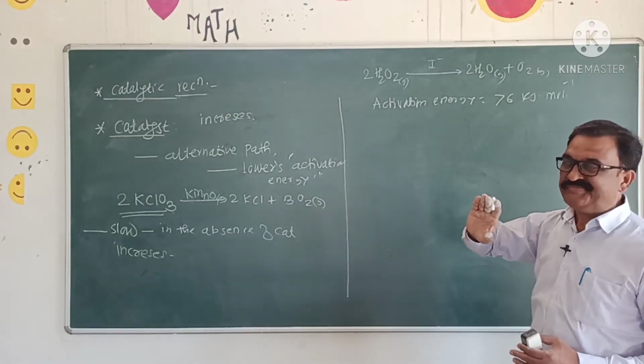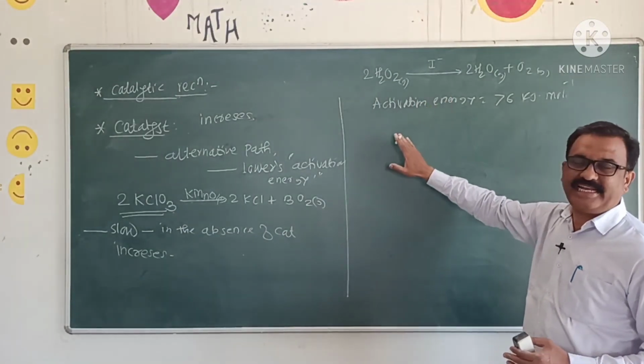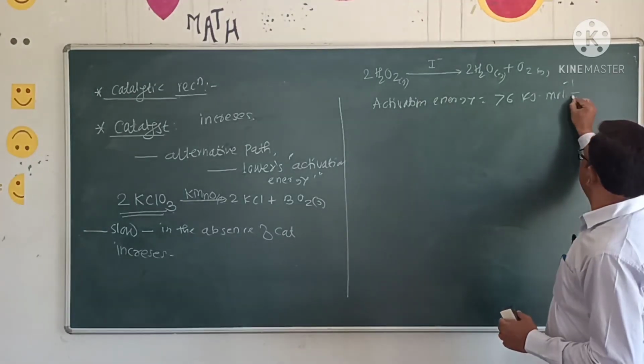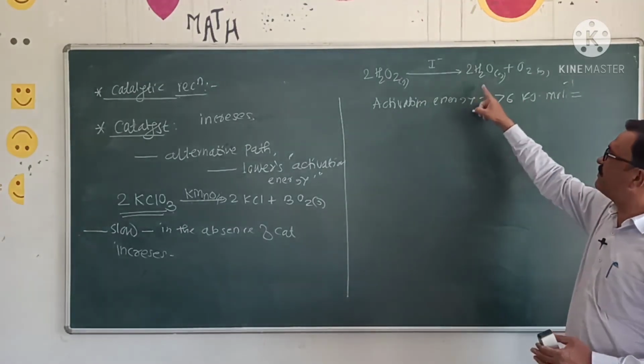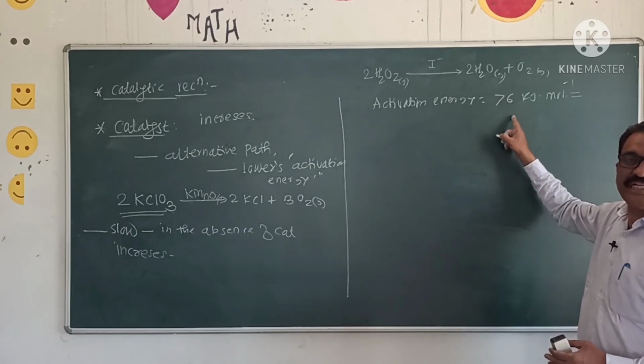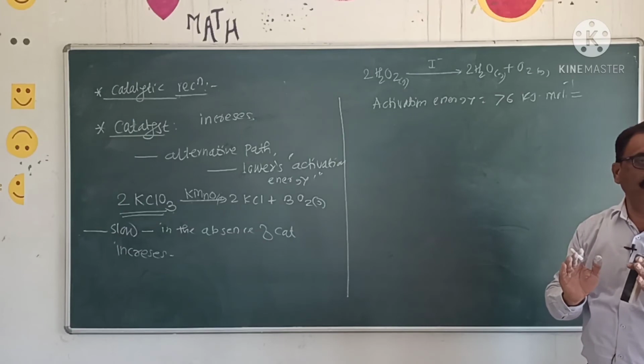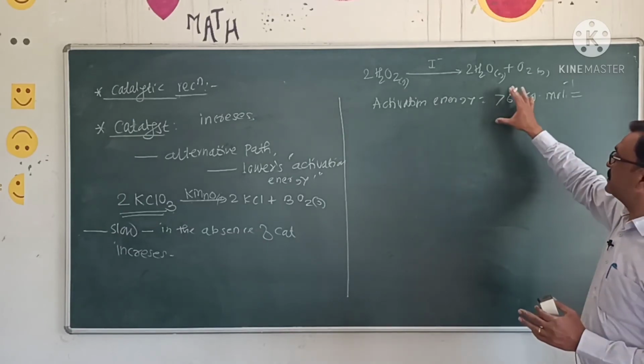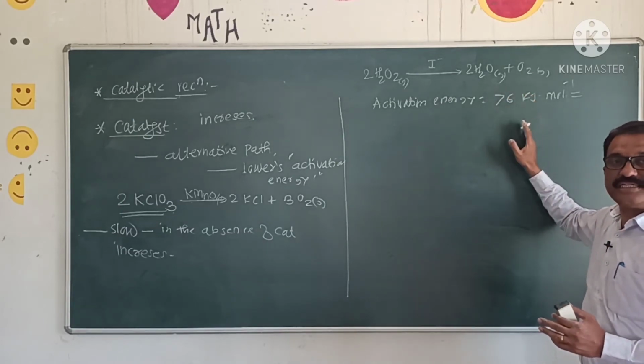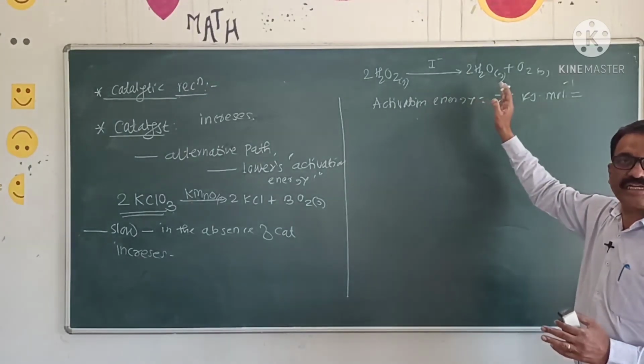Once again, in the absence of a catalyst, the activation energy of the reaction is equal to 76 kilojoules per mole. That is, a reacting molecule must have such a sufficient amount of energy for conversion of reactant into the product.